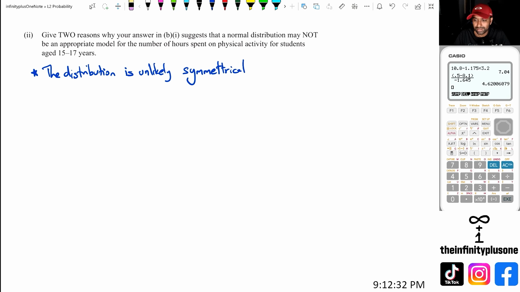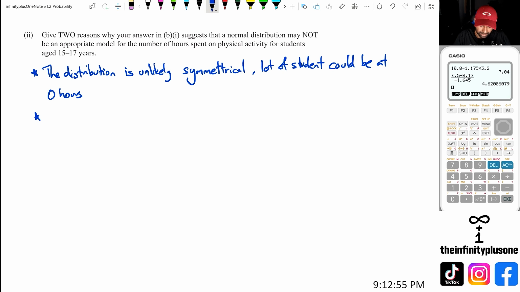They're probably not as physical. So you could say something like that. You could also add that a lot of students could be at 0 hours, which again means that it's not symmetrical.